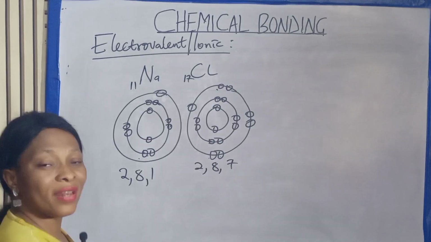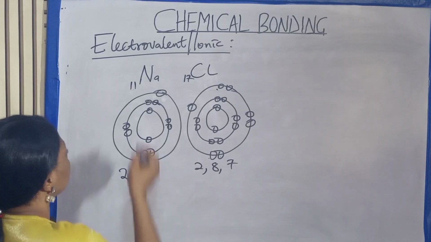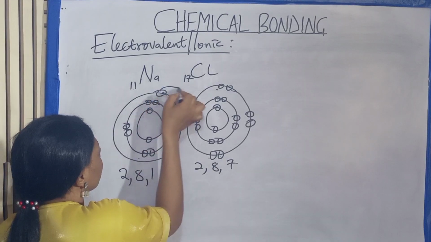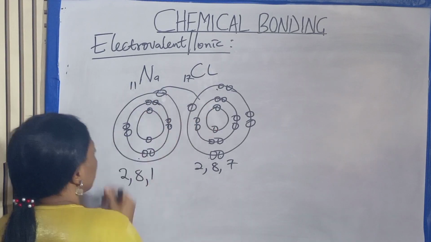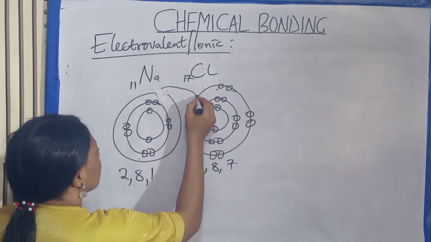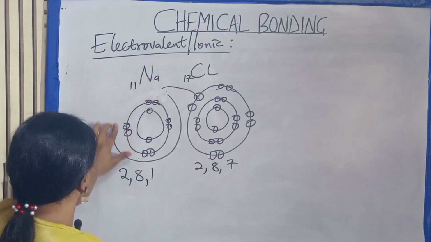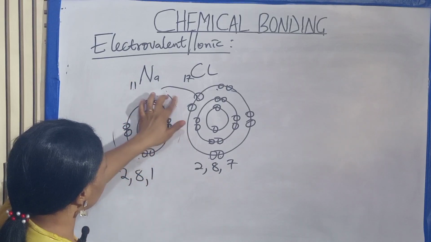So, when they bond, what will be the resulting effect? This electron is transferred to chlorine. So, this outer shell of sodium is no longer needed.